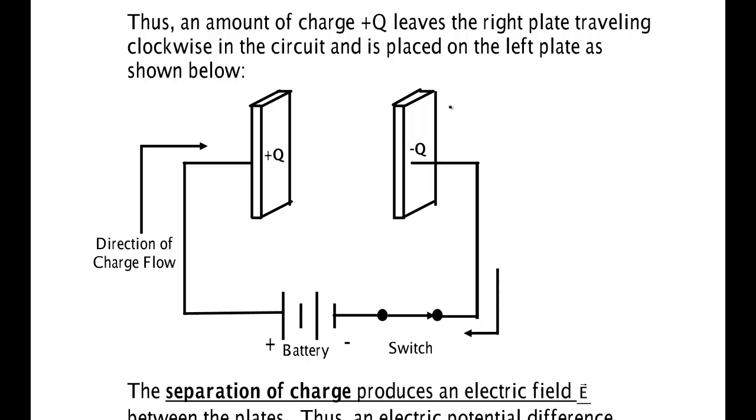So the amount of charge that ends up on this side is positive, an amount equal to Q. And likewise, left on the other side is an amount of minus charge that's no longer balanced. I count 1, 2, 3, 4, 5.